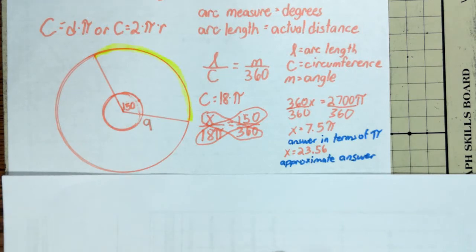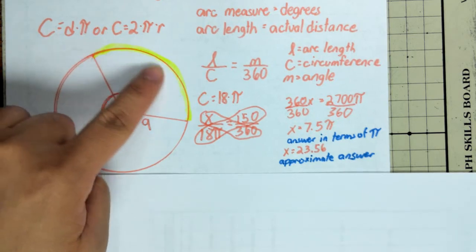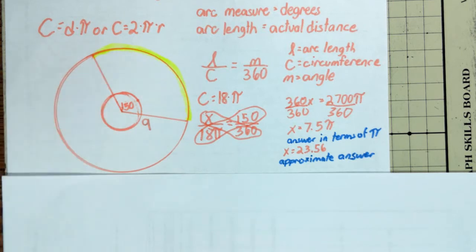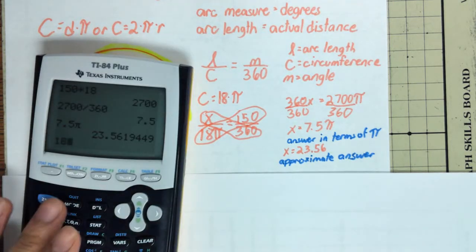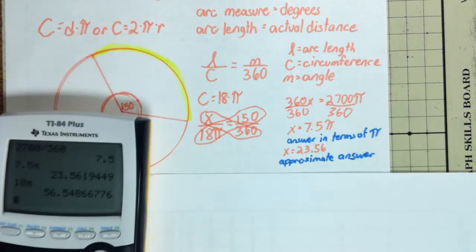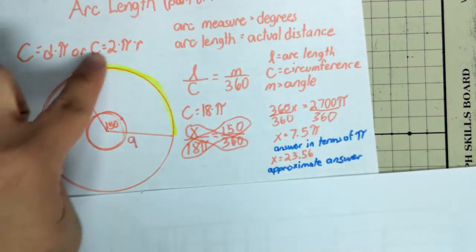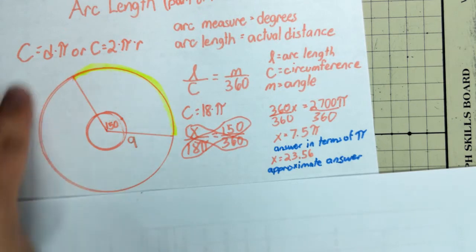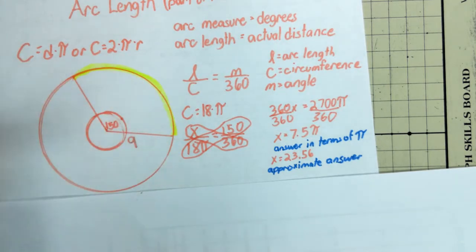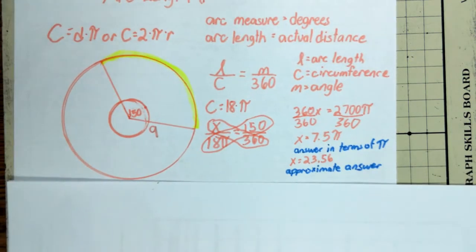Alright, and there's how you solve for arc length. It tells you that from here to here is 23.56 units long, whereas the full circle is 56.55. Just this part right here, it's 23.56 arc length.